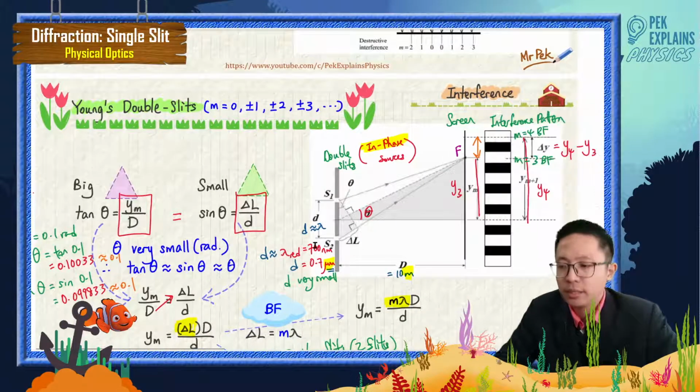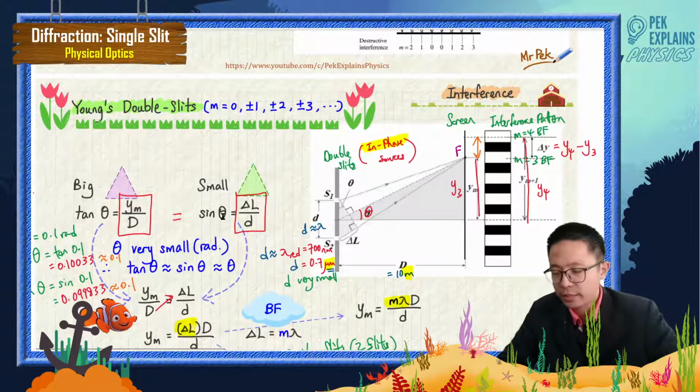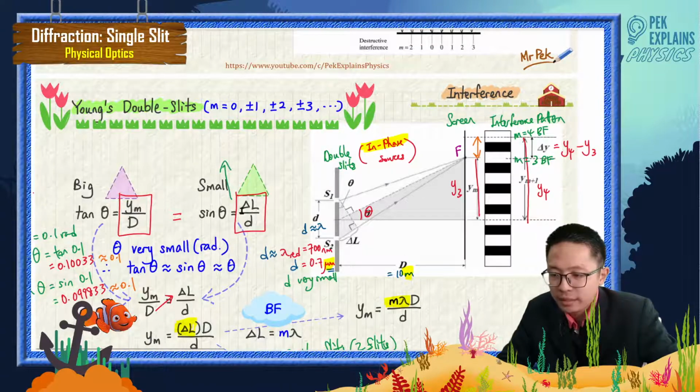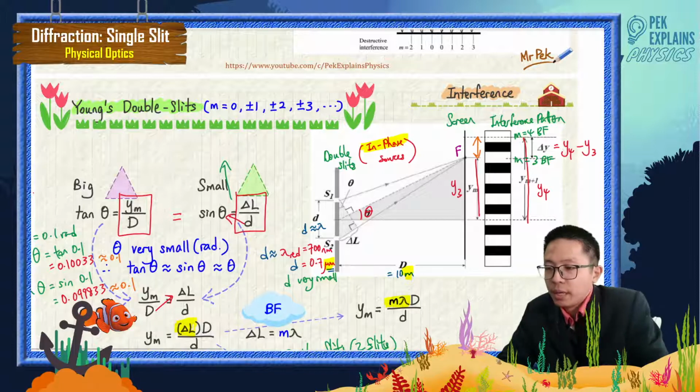As you can see, you have learned about the small triangle before. This small triangle gives sin theta equal to delta L over d. In fact, if we multiply the d to the top, what do we get?